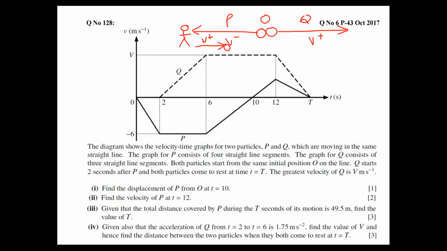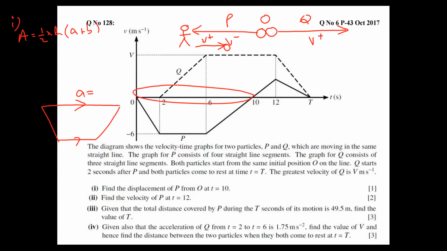Okay, so the first part: find the displacement in 10 seconds for the P particle. The first 10 seconds means the full trapezium area. It is a very simple part. Area is equal to half times h times (a plus b). This is a trapezium and two sides are parallel to each other. One is a, which is equal to 10.